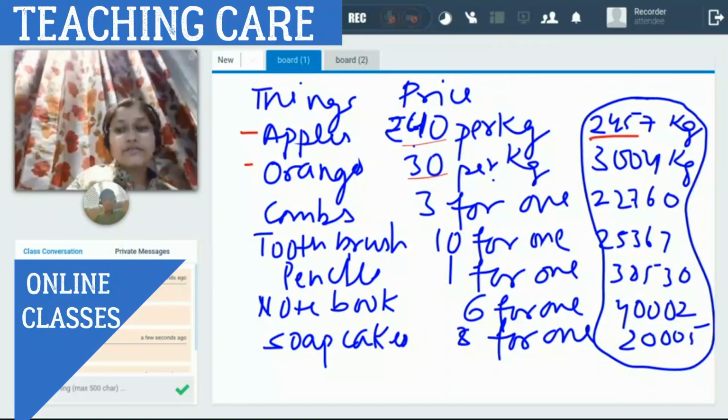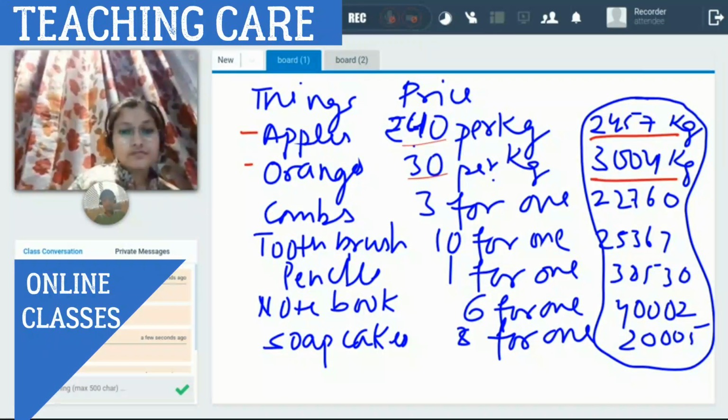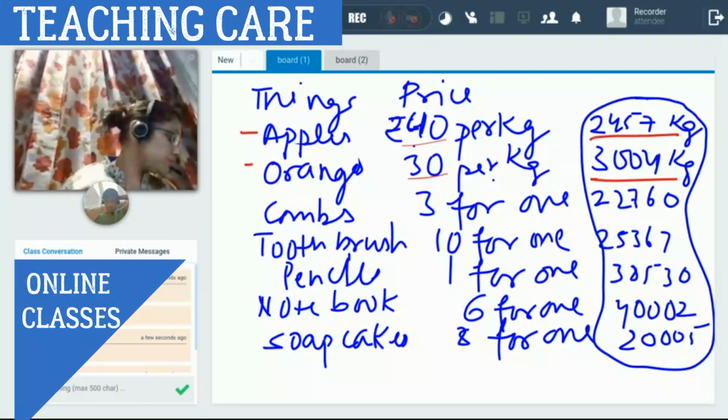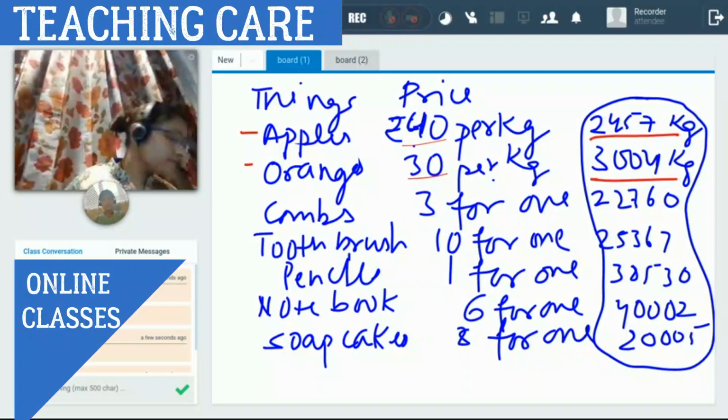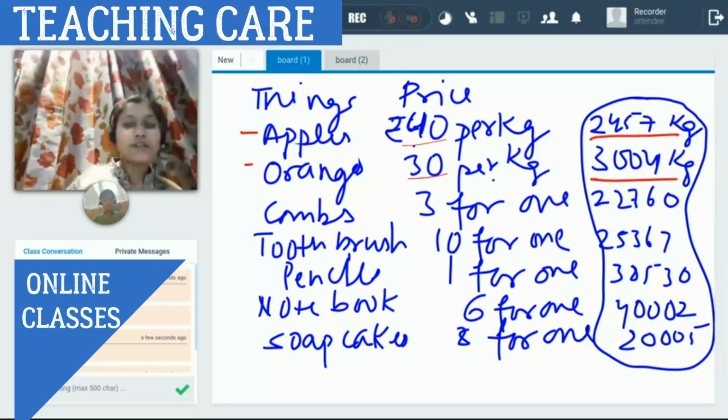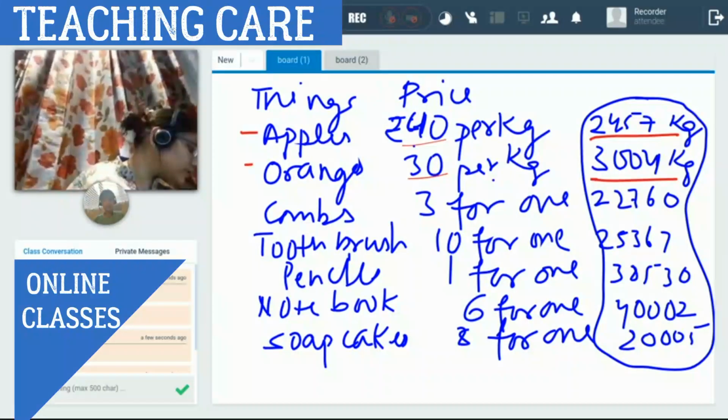These are the quantities. So we add those up. Add up 2457 and 3004. So my answer will be 5461 kgs.